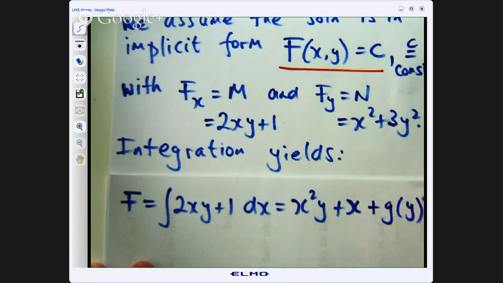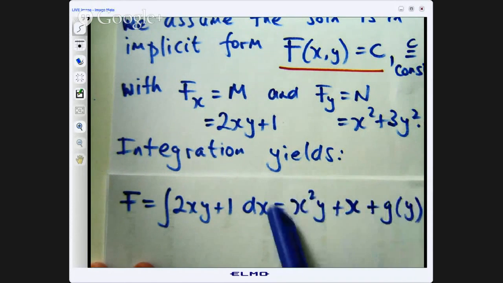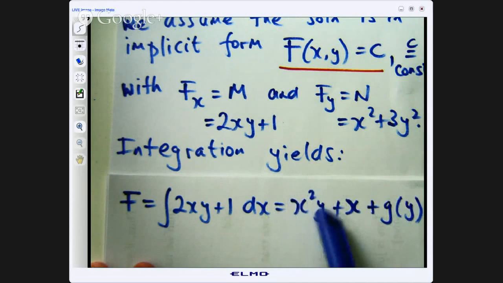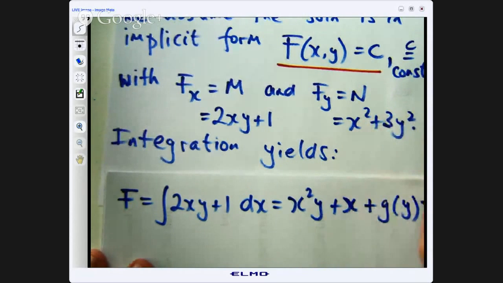A function that depends on y, the variable that we're not integrating with respect to. Because if you take the partial derivative of this with respect to x, this will become 2xy, this will become y, and this will become 0 for any g. Okay? All right, so that's the first part.